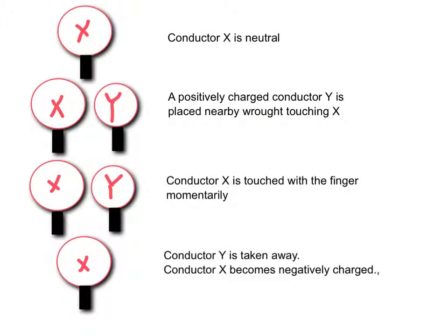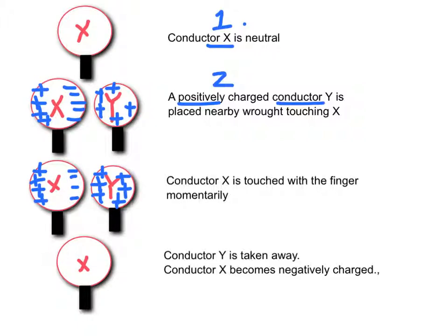Let's consider another situation. First, we have a conductor X which is neutral. Next, a positively charged rod Y is put nearby without touching X, then the charge distribution on X will be as shown. Then conductor X is touched with the finger momentarily.